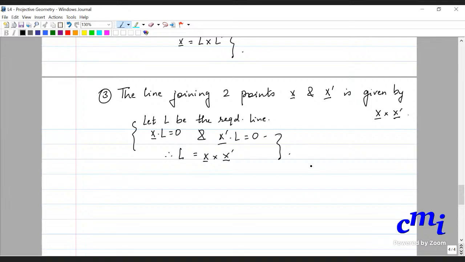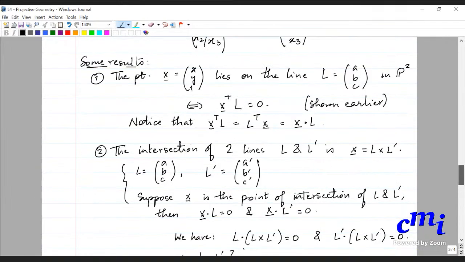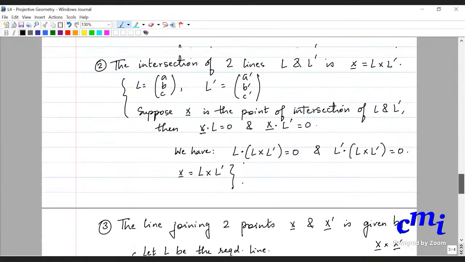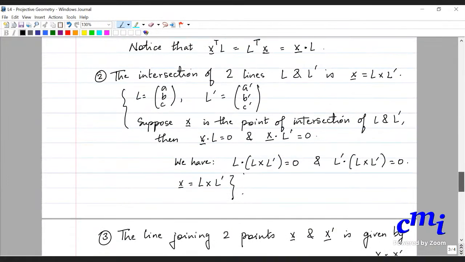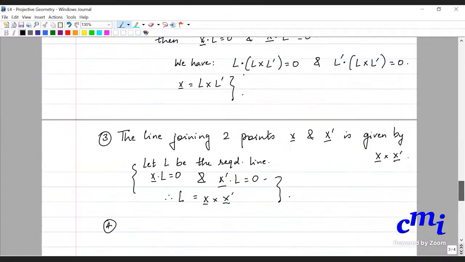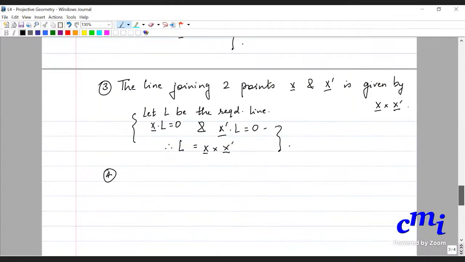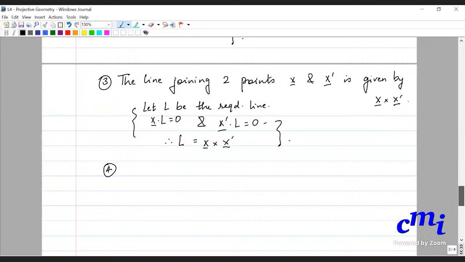I hope you can appreciate how simple the notation has become, the language of intersection of lines or line joining 2 points and so on in terms of the given information. And now finally we talk about the intersection of parallel lines.